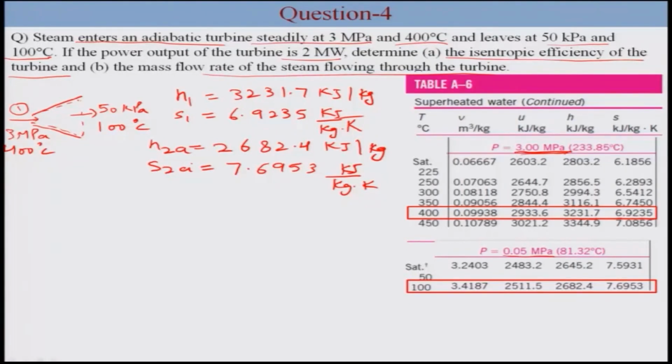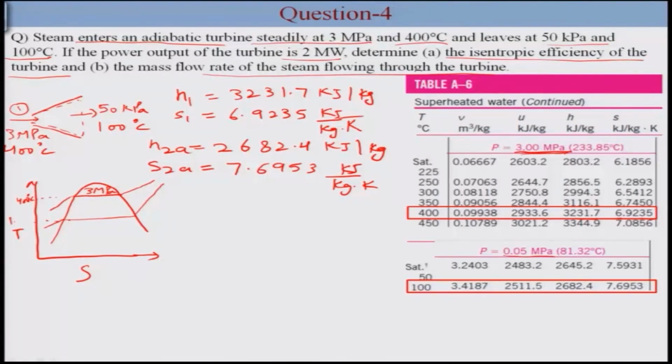So, if we see in the TS diagram, this is T and S. Corresponding to 400 degrees Celsius, this is the line for 3 megapascal, and this temperature is 100 degrees Celsius.